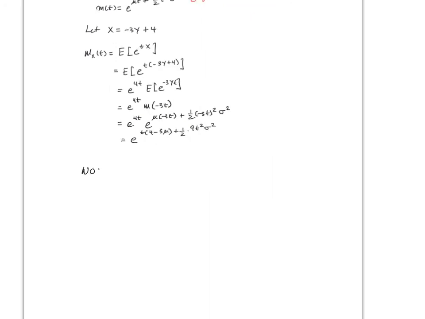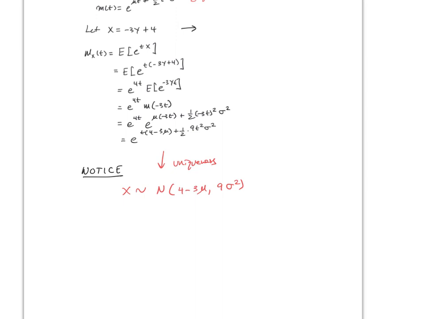Notice, this is very important: because of the uniqueness of moment generating functions, X is actually a normal distribution where the mean is 4 minus 3 mu and the variance is 9 sigma squared.